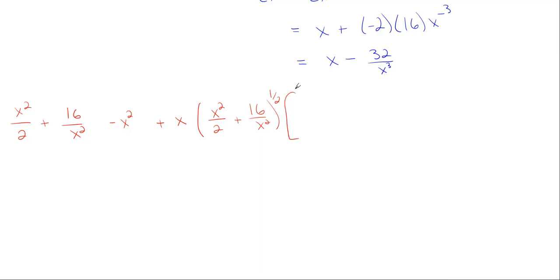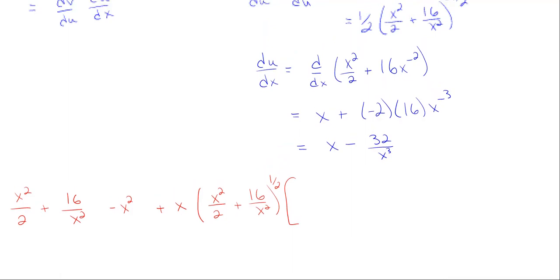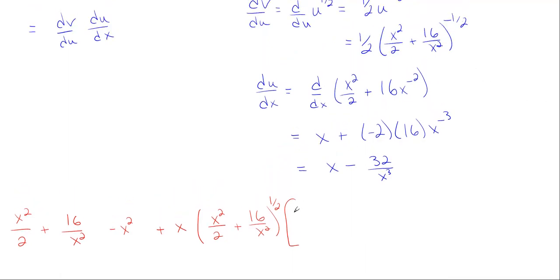All of that has to be multiplied by my dv/du and my du/dx. So plugging this in, we would have 1/2 times x squared over 2 plus 16 over x squared to the minus 1/2, and then that would be multiplied by my du/dx here of x minus 32 over x cubed.